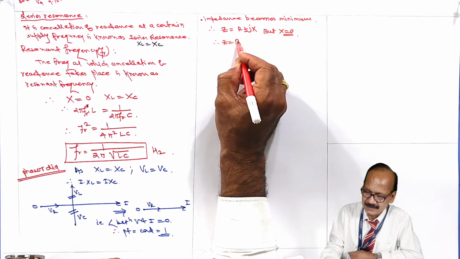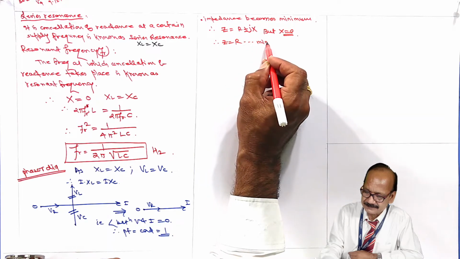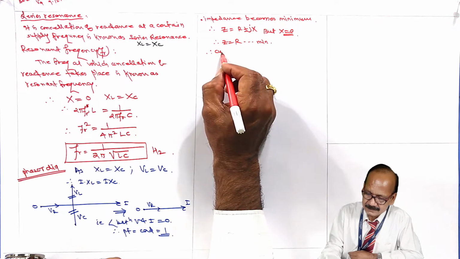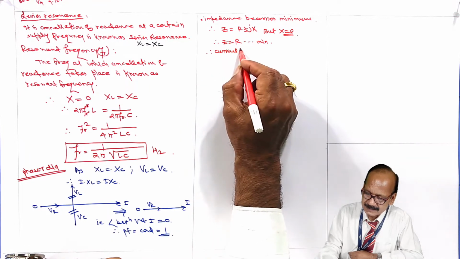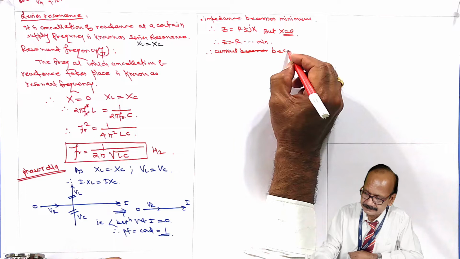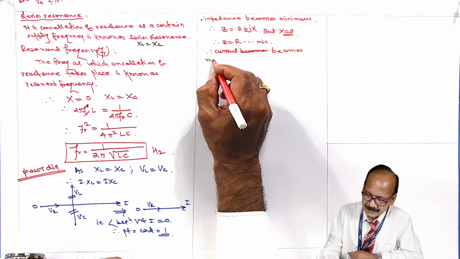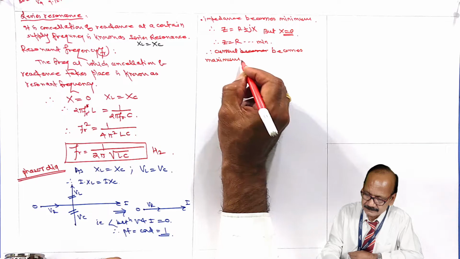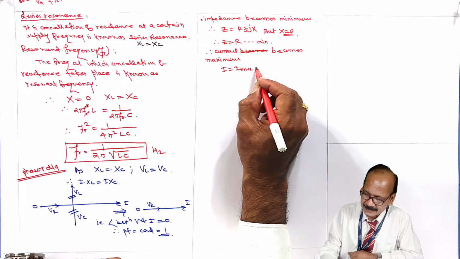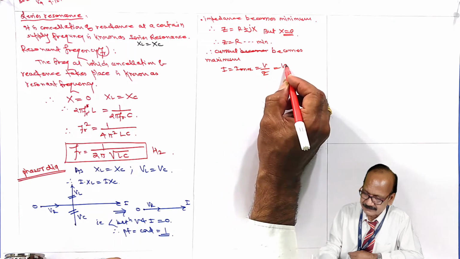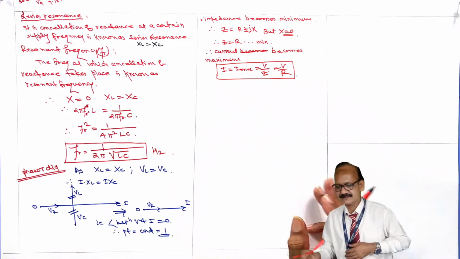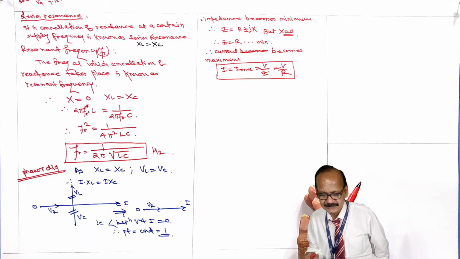Therefore, Z equal to R, minimum. Therefore, current becomes maximum. I max equal to V upon Z equal to V upon R. So current during the resonance will be V upon R or V upon Z.